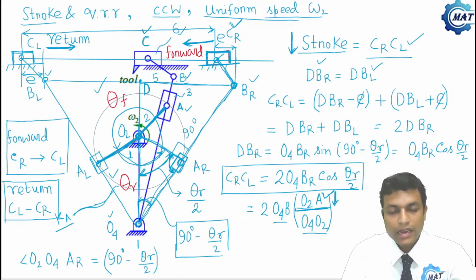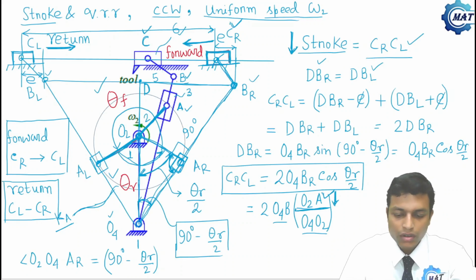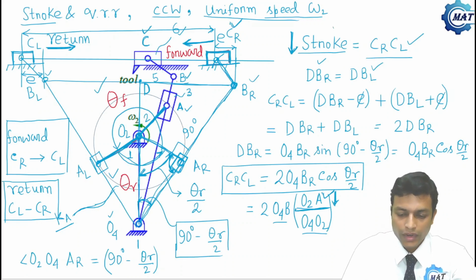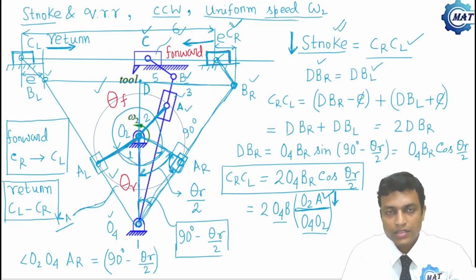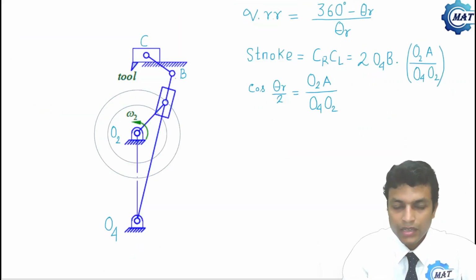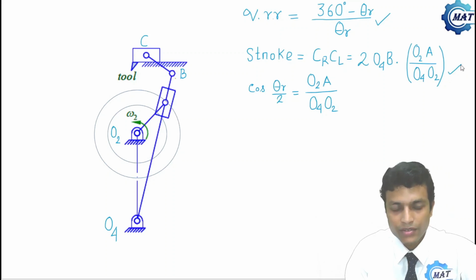But there is a problem associated with this, because this machine is not efficient for shorter stroke length. Why? Let me explain through a diagram. We have derived the expression of quick return ratio and stroke of a quick return mechanism.